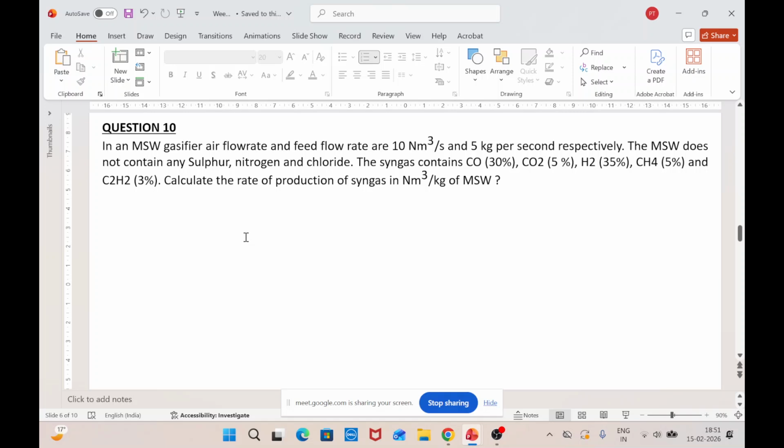Calculate the rate of production of syngas in Newton meter cube per kg of MSW. You are given the feed rate and the syngas composition, and based on this you are supposed to calculate the rate of production of syngas.